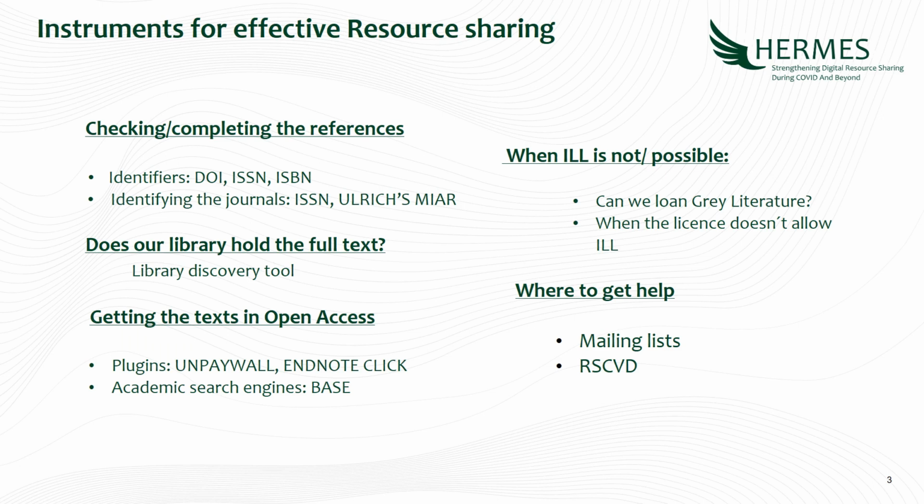First, of course, we look for it in our own holdings using our discovery tool. And after that, we look for it in open access, using some plugins and some academic search engines like Google Scholar, of course, and Base. But Google Scholar is the most used.